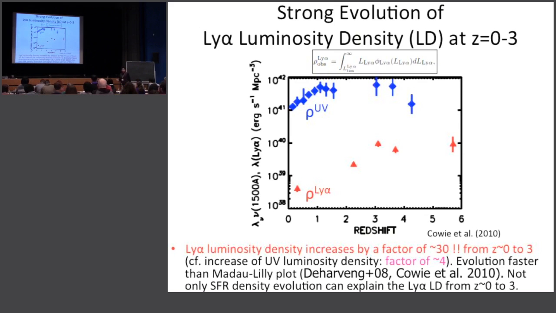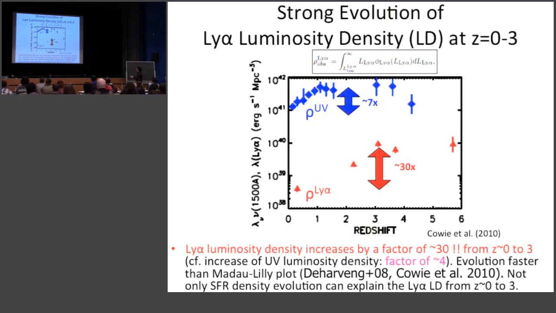To characterize this evolution, you can derive the Lyman-alpha luminosity density by integrating the Lyman-alpha luminosity function with the luminosity. Then you have the Lyman-alpha luminosity density from redshift 0 to 6. Interestingly, from redshift 0 to 3, the evolution of the Lyman-alpha luminosity density is about a factor of 30. It's very, very big.